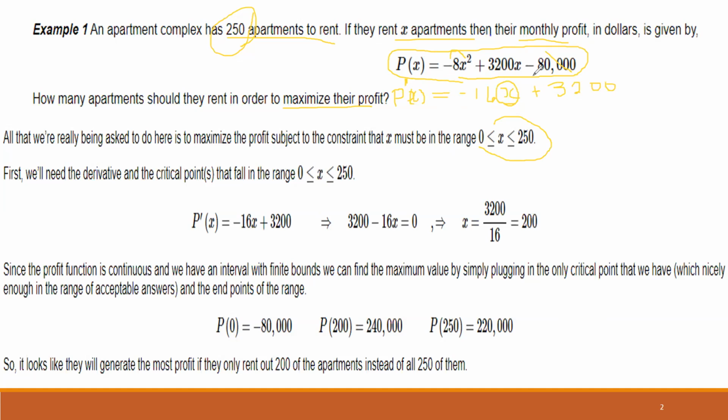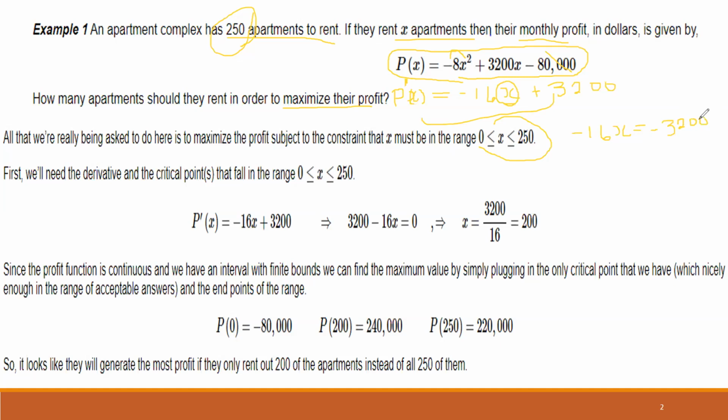To solve for x, we have -16x + 3200 = P'(x) = 0. So I'm going to bring this over here. That becomes -16x = -3200.